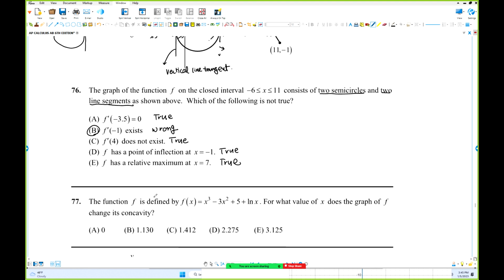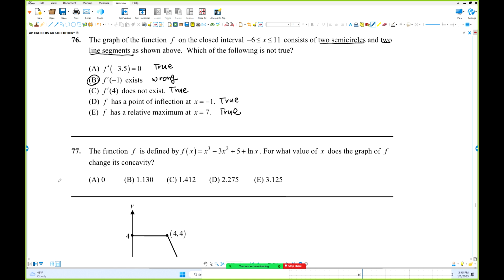So number 77. The function f is defined as f of x equals something like that. For what value of x does the graph of f change its concavity, right? Concavity. Yeah. So this point is the inflection point.